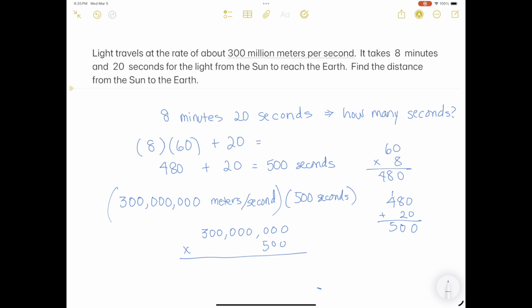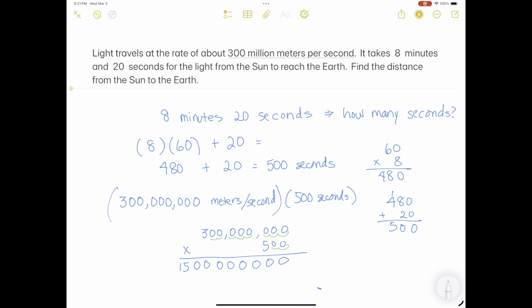But in simple form, you just multiply 3 times 5 and add up all the zeros of the factors and include them in the product. So 3 times 5 is 15, and we have 10 zeros behind it.